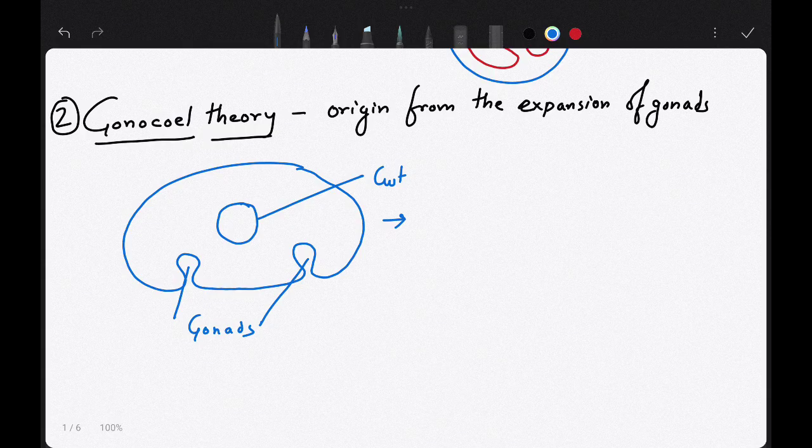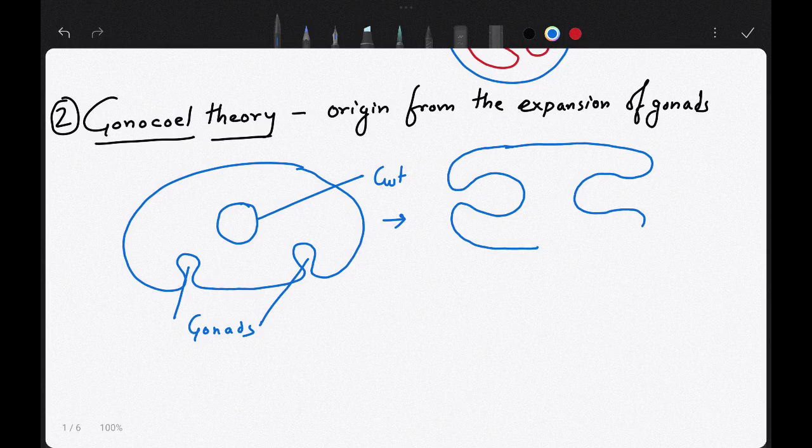How will it take place? Suppose the gonads will increase in size, in the same organism, the gonads will increase in size.